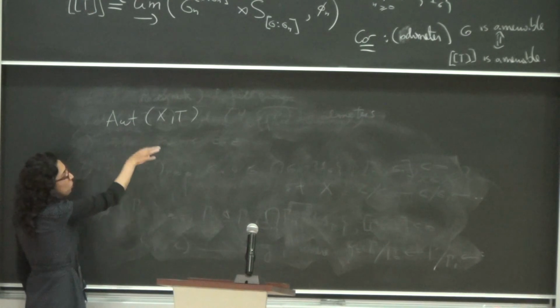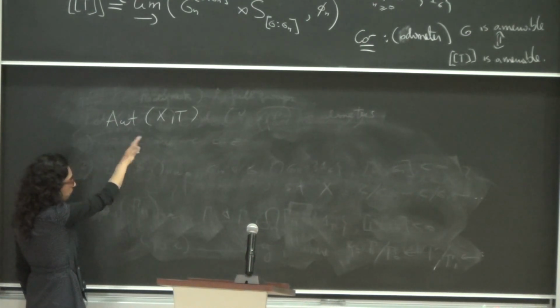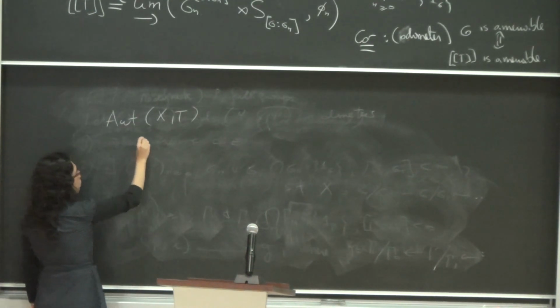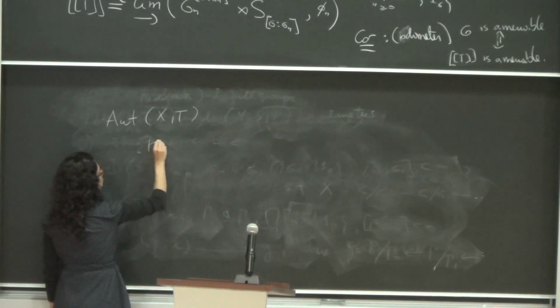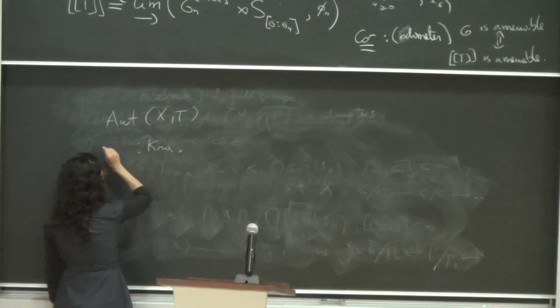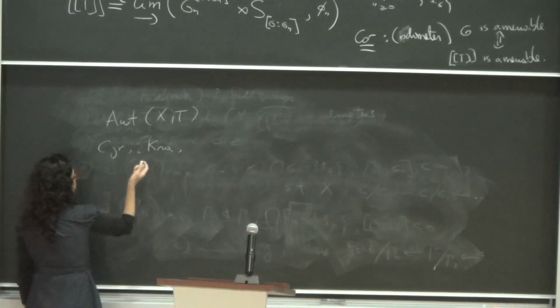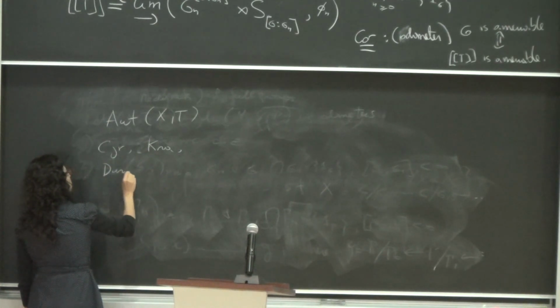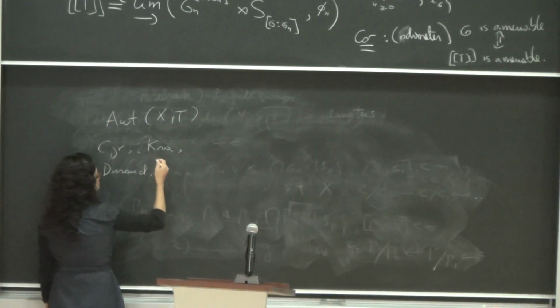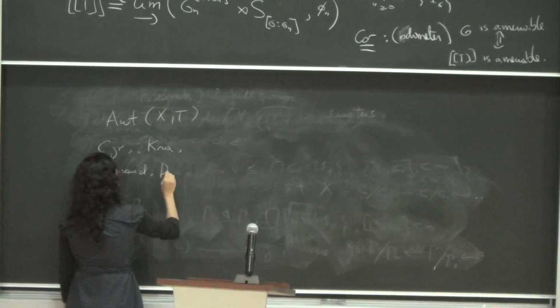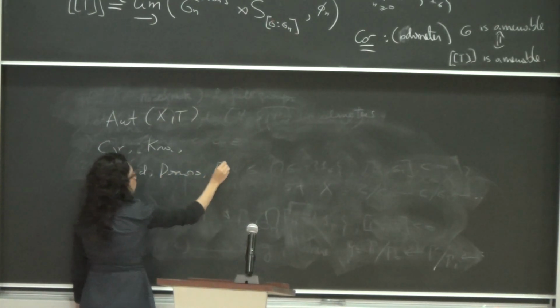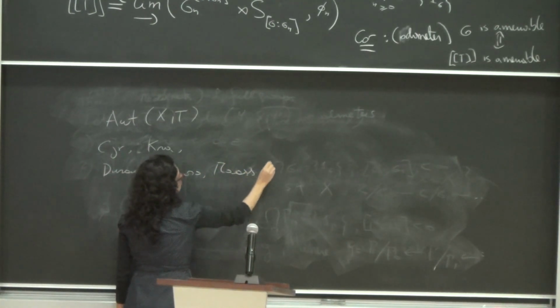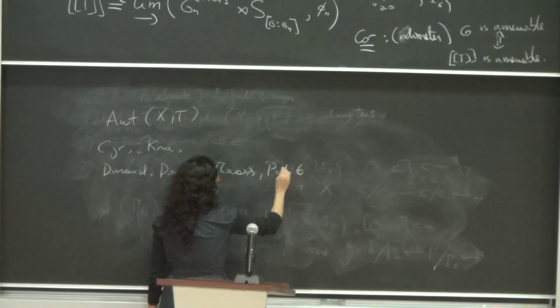There are a lot of people working there, so you can look for this. For example, there are some results from Brian, Accra, Van Seer. There are also from Durand, Donoso, Mas, Petit. There are more people working there.